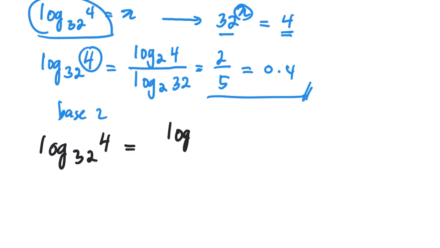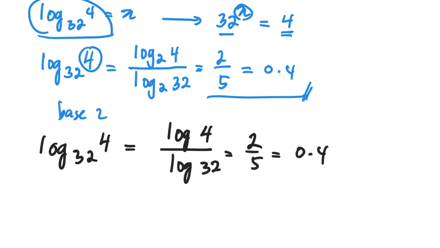I don't need to write the 10 in there. That's going to be log 4 over log 32. If you use your calculator, it's still going to give you 2 over 5, or 0.4. So you see, the change of base is very powerful. In here, I actually used base 10.